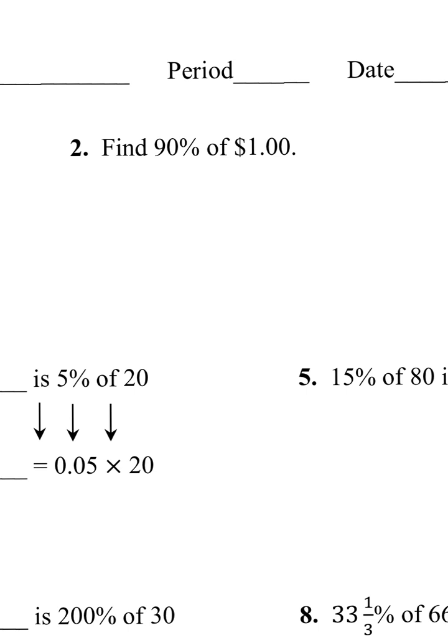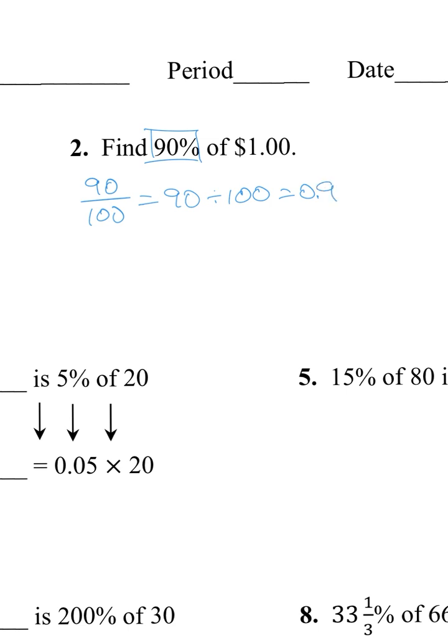Let's take a look at number two. Number two says find 90% of $1. Same as number one, the first thing I'm going to do is take my percent and convert it into a decimal. So I'm going to go 90 over 100. On my calculator, I go the numerator, 90, divided by my denominator, 100, and I get 0.9. You got to take your percent and convert it to a decimal first.